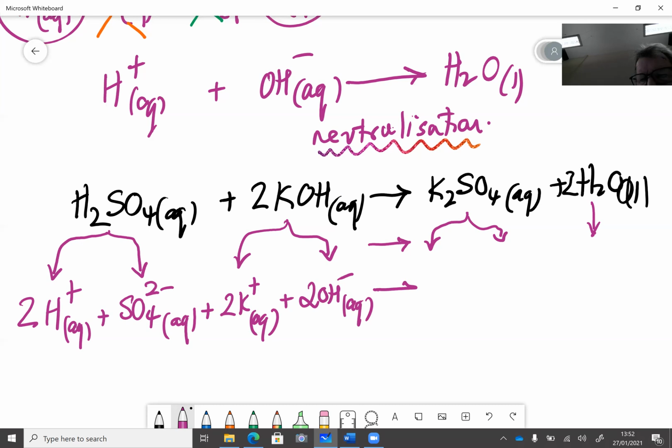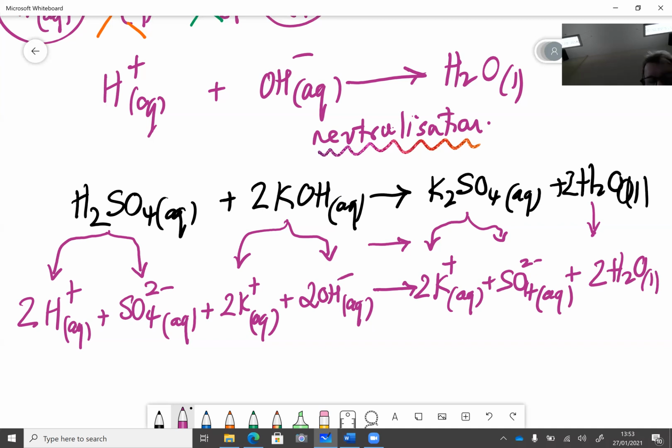This turns into this, which is 2K plus AQ and SO4 2 minus AQ, and not split up. So 2 H2O liquid.